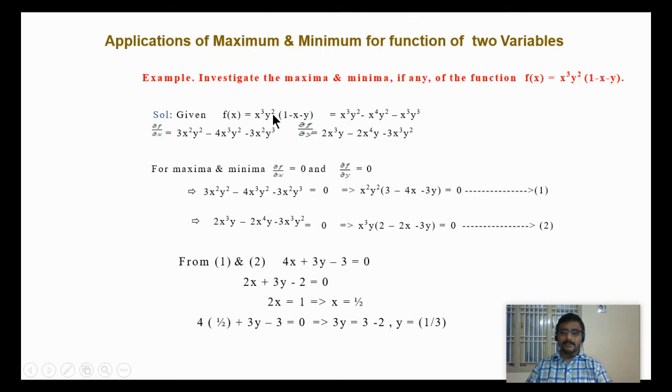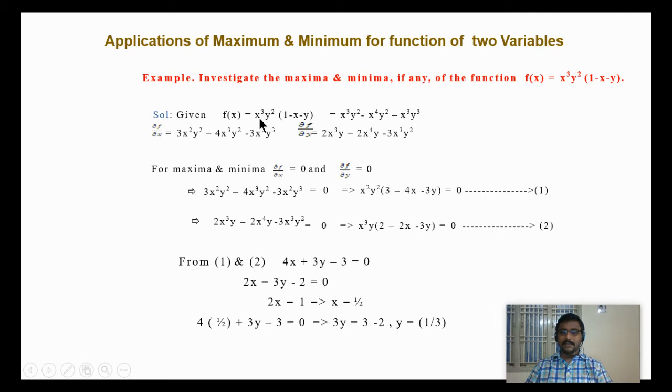So x cube y square derivative is 3x square y square. Y square is constant, x cube derivative is 3x square. Next, negative x power 4 y square derivative is negative 4x cube y square, because y square is constant and x power 4 derivative is 4x cube.